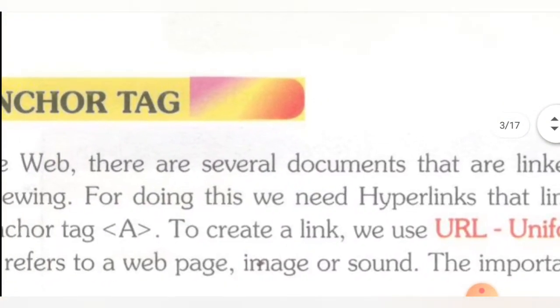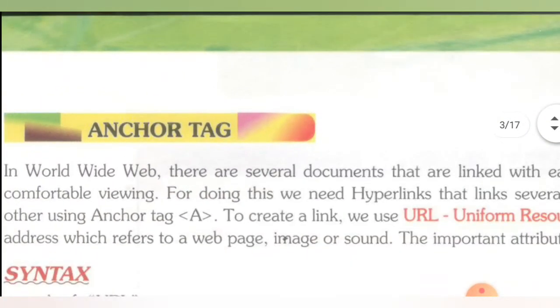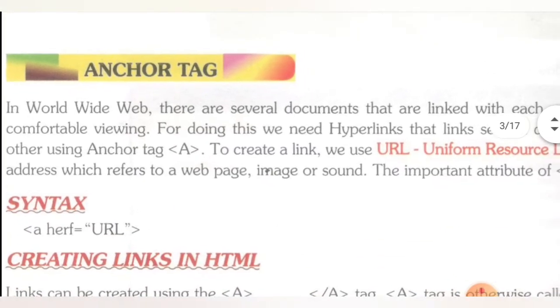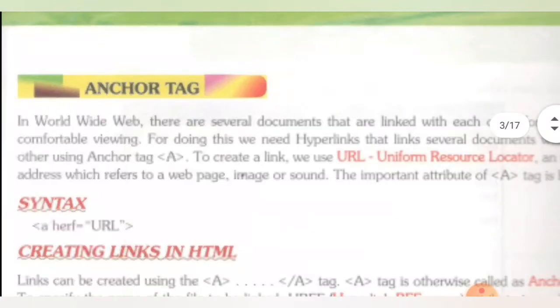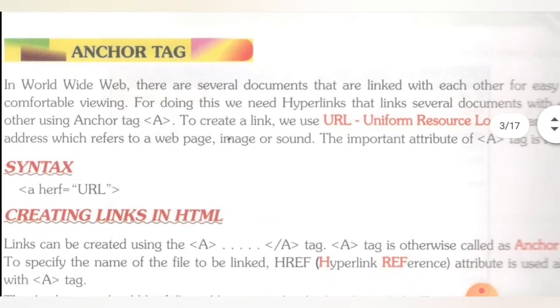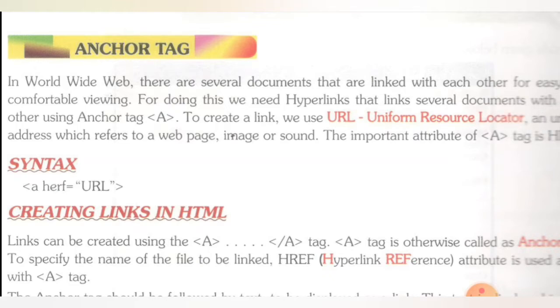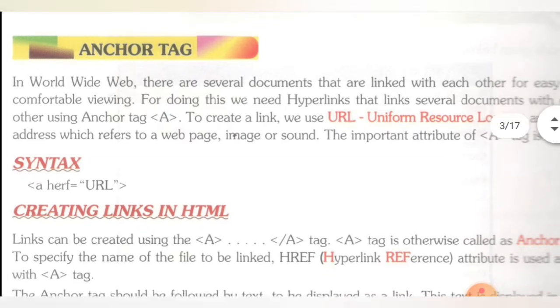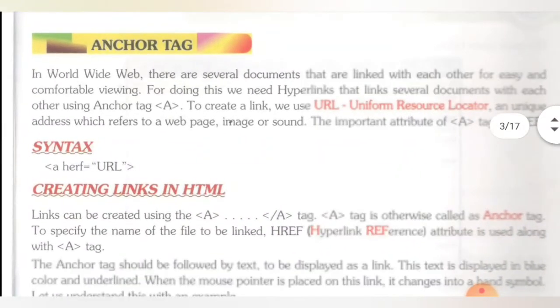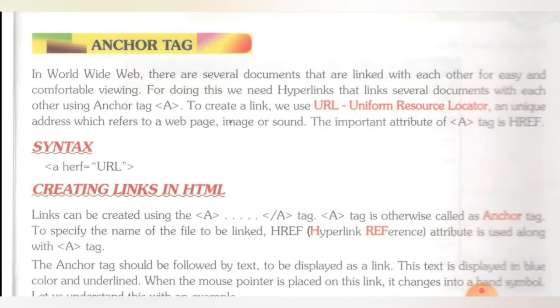Next we see the next tag, that is the anchor tag. The anchor tag is used to provide a link from one page to another page. On the internet, if you click on a particular word, it moves to the next page. Like that, if you want to provide a link, then we can use an anchor tag.